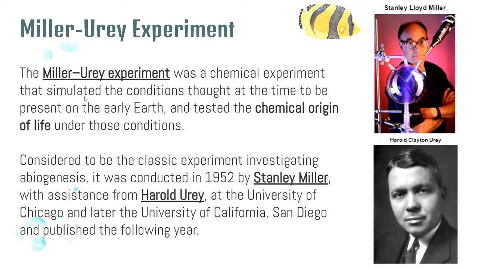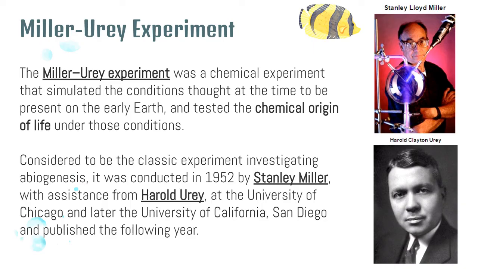They tried to recreate the conditions of the early Earth and tried to test the chemical origin of life under these conditions. They tried to recreate the physical environment. Now they're looking at the chemical processes and see if it is possible for life to come from it.